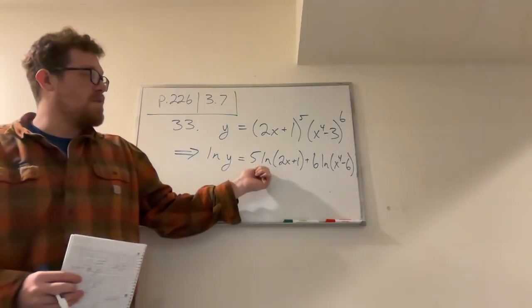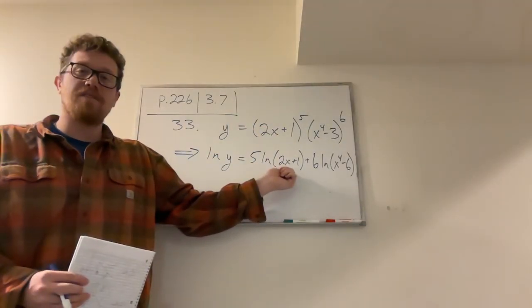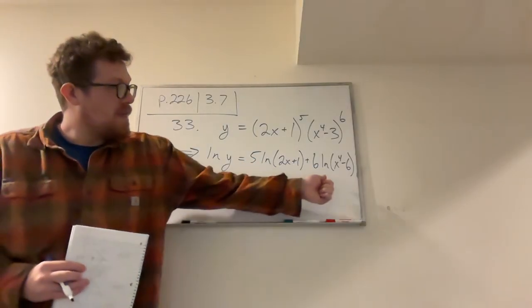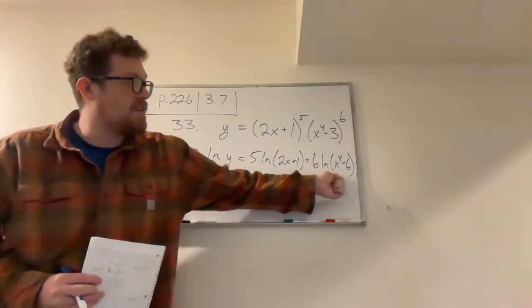Once I take the logarithm, it's adding the logs 5 times. So I just have 5 log of 2x plus 1. Same thing over here, plus 6 of these logs.